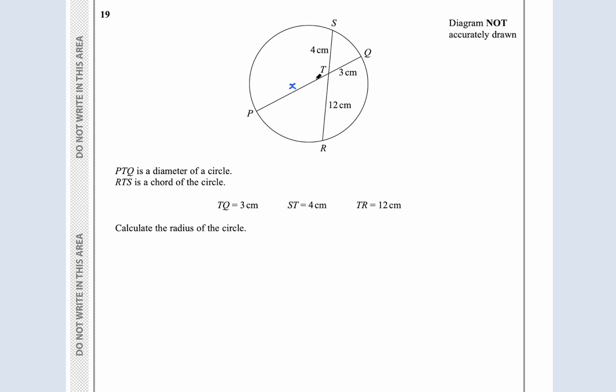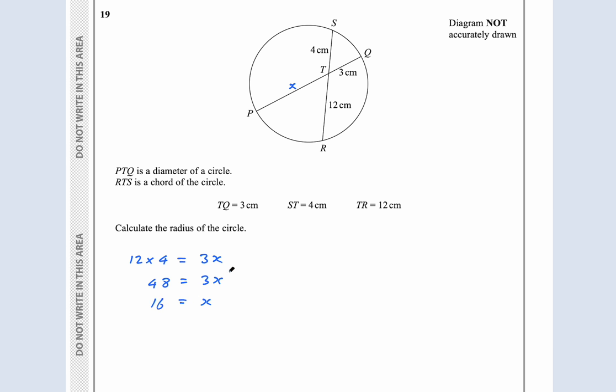Well, I get x by using the intersecting chord theorem, which tells me that 12 times 4 equals 3 times x. Now 12 times 4 is 48. And if 3x is 48, then x is 48 divided by 3, which is 16.